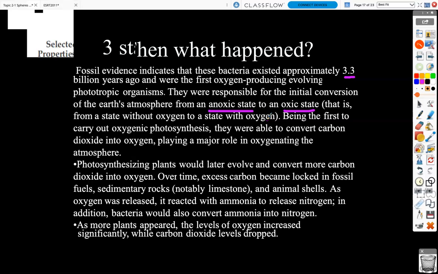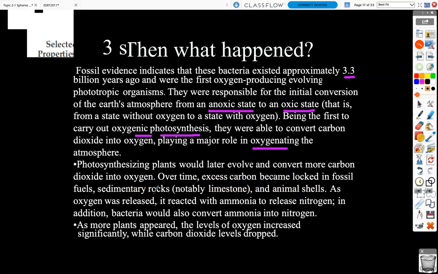It says, being the first to carry out oxygenic photosynthesis, they were able to convert the CO2 into oxygen, which played a major role in oxygenating the atmosphere. Tough word. Photosynthesizing plants would later evolve and convert more CO2 into oxygen. Over time, the extra carbon became locked up in our fossil fuels.